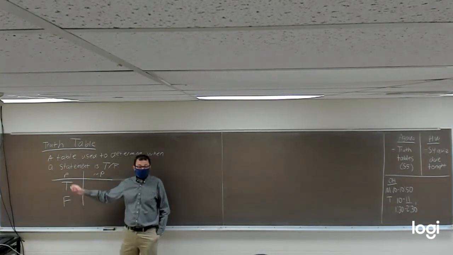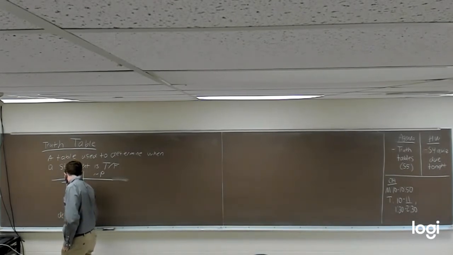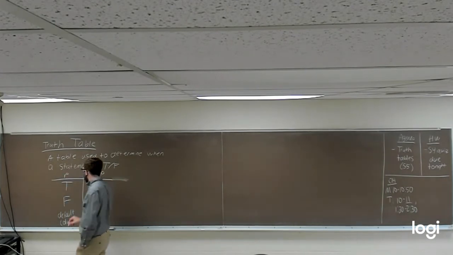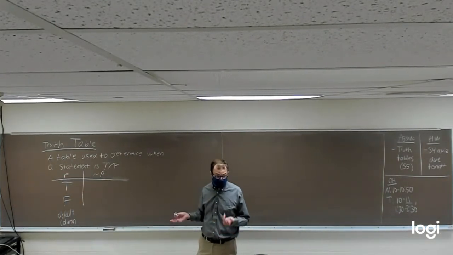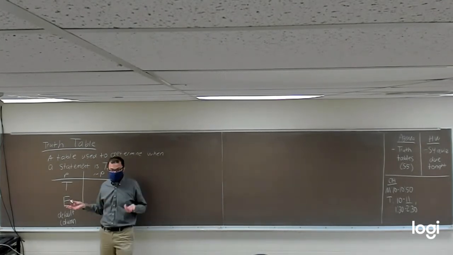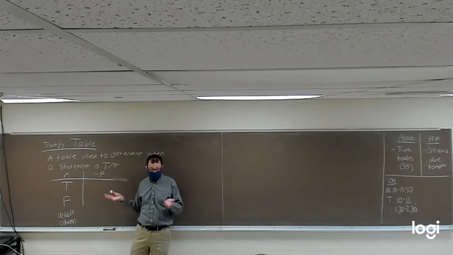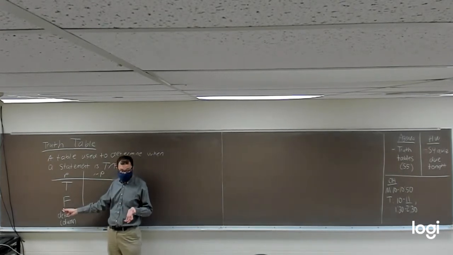And this is going to be our default column. This is the column where you're just looking at the original statement or the original statements, and you're just listing out the possibilities for your original statement here. Well, it can be one of two things. It can be true or it can be false.